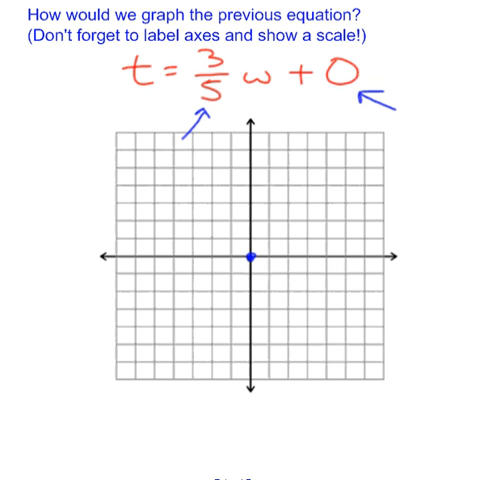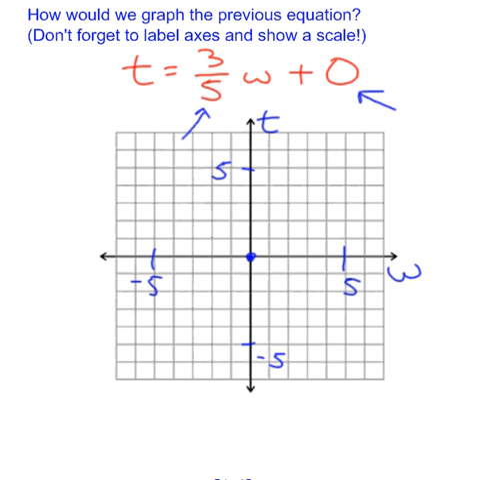So I'm going to label my axes here. My independent variable is w, my dependent variable is t, and then I've got to label my scale. I'm going to do it like this. This is 5 out here; I'm going to call this -5, call this +5, and call this down here -5.